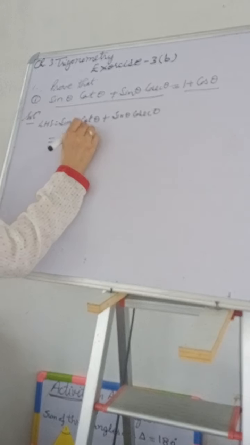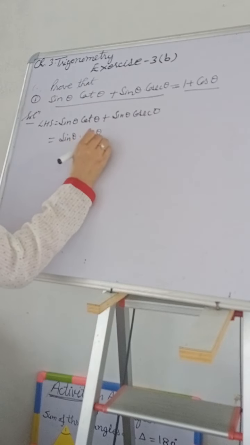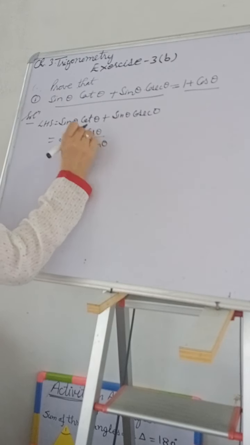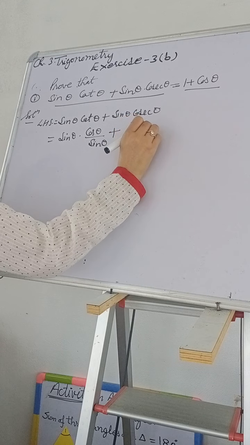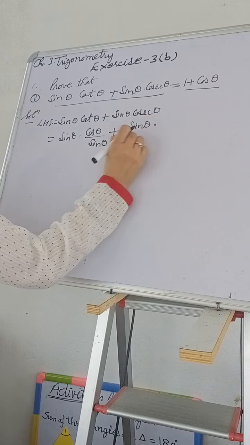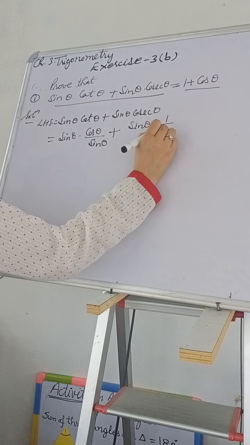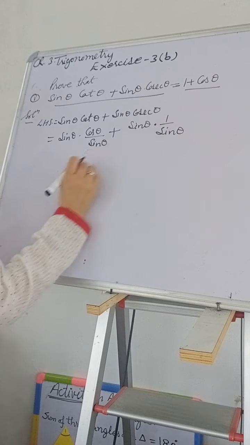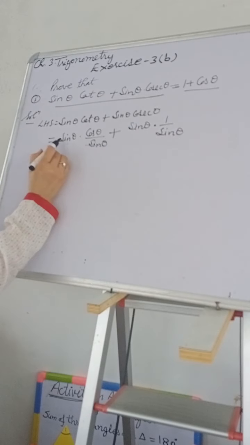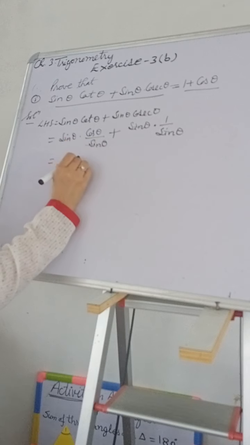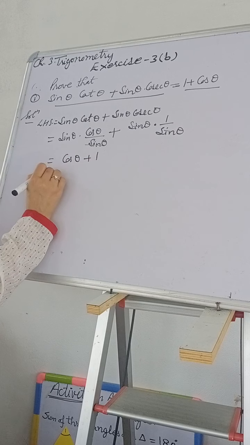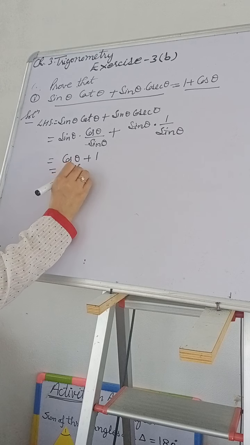Cot theta is equal to cos theta upon sin theta; I have just put the value of cot theta here. Now cosecant theta is the reciprocal of sin theta, as we have already discussed. Now sin theta cancels out with sin theta, and you get cos theta plus 1, which is equal to the right hand side. This completes question number 1.